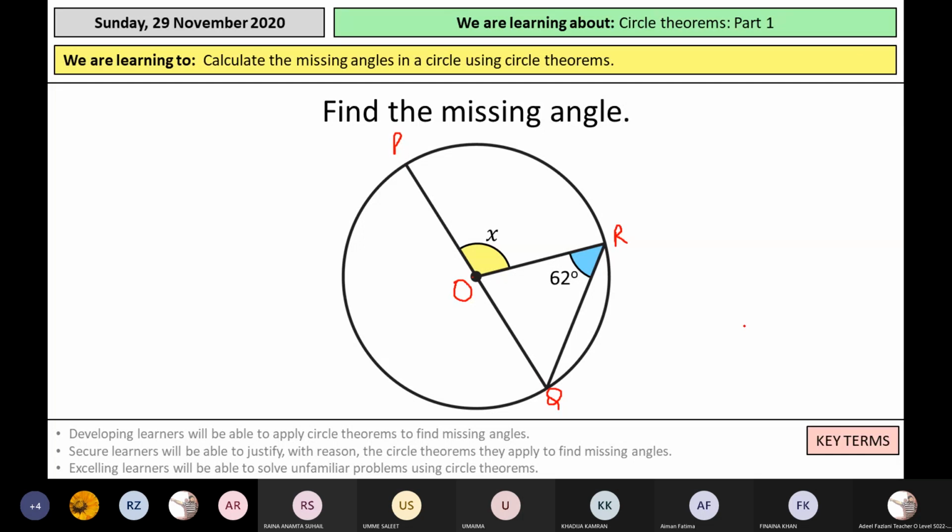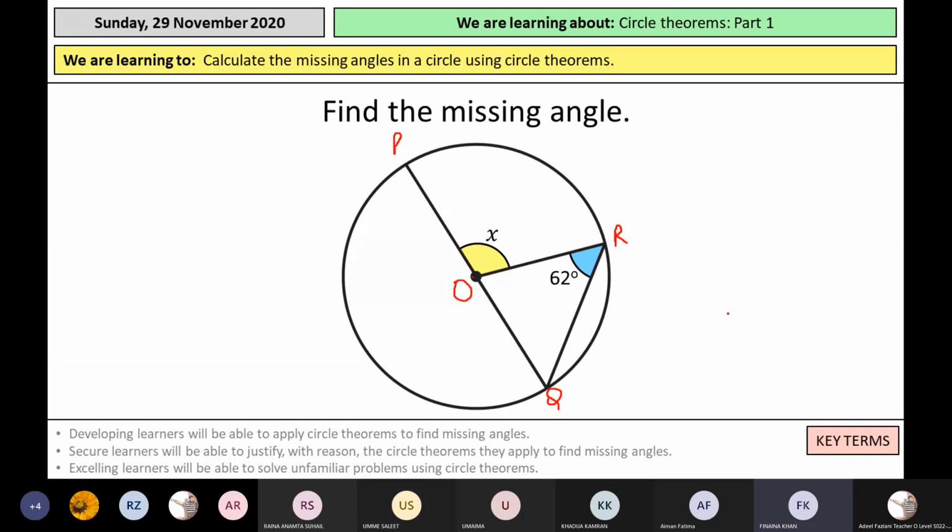OR is said to be radius. OQ is said to be what? Radius. And RQ is said to be chord.